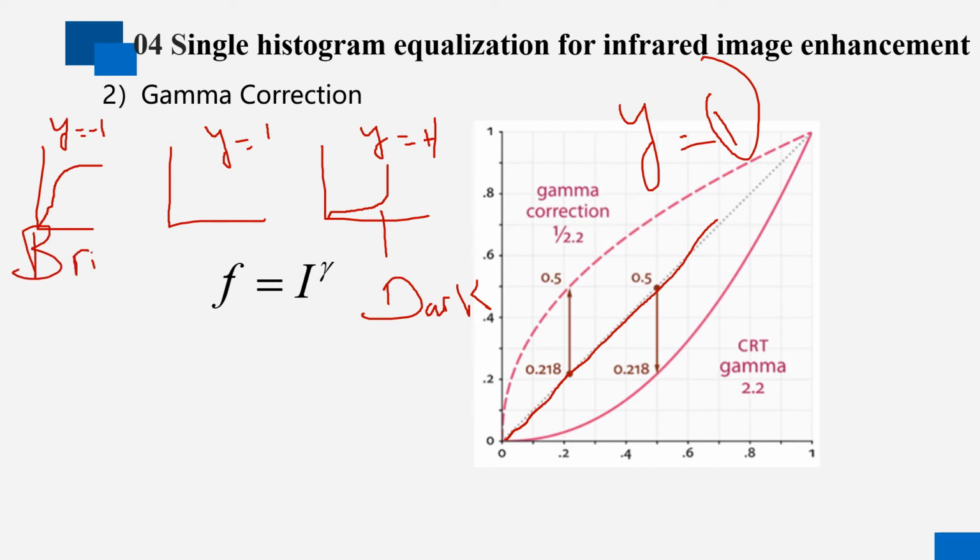So what does gamma correction do? Gamma correction actually uniforms the image. It uniformly distributes the pixels of the image.